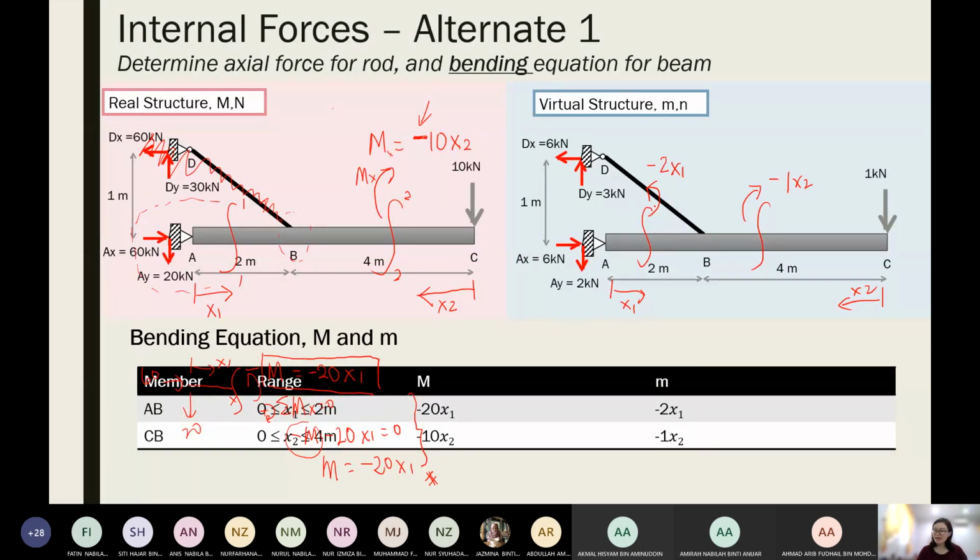Once you have obtained this M and the virtual m for your virtual structure as well, you need to also look at the range. Let me discuss that.